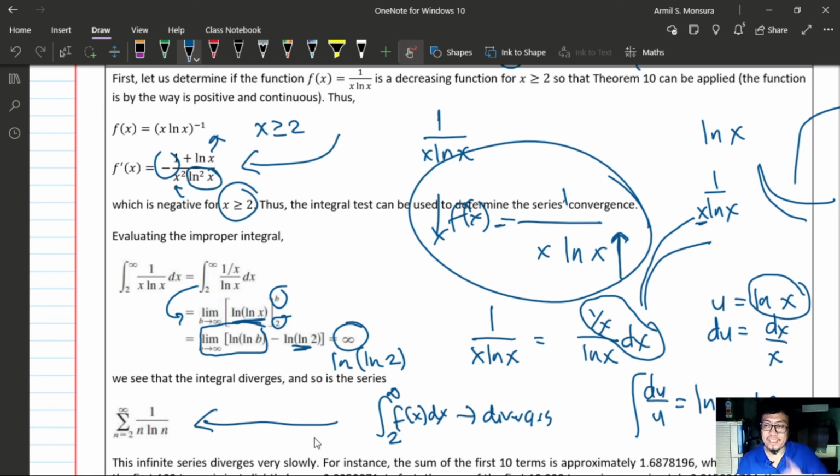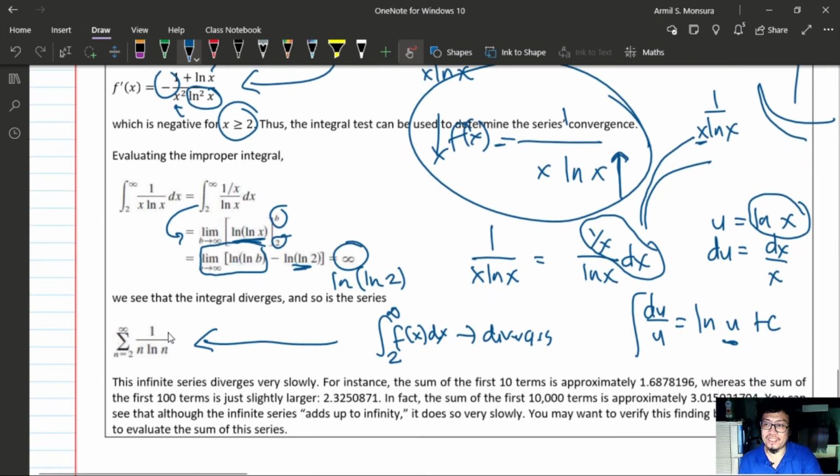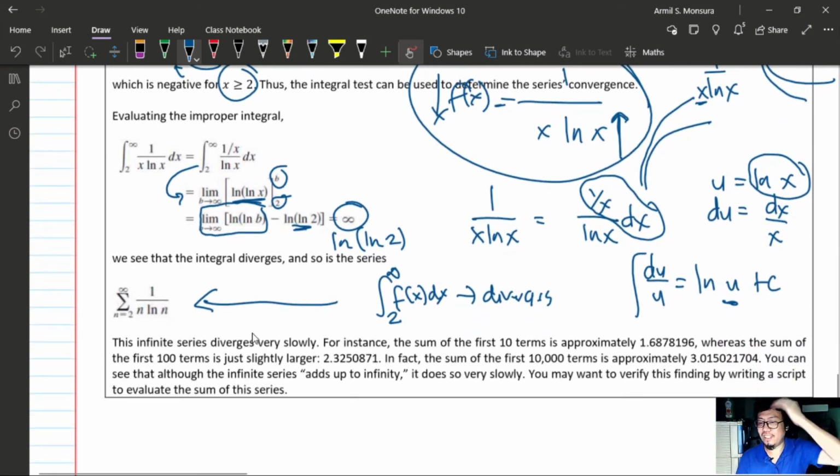But there is an interesting thing about this series. If you actually generate the partial sums of this series, this series actually diverges very, very slowly. If you add the first 10 terms, you would have 1.68 something.